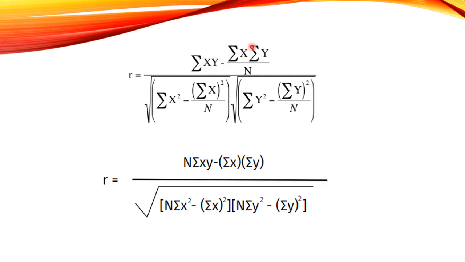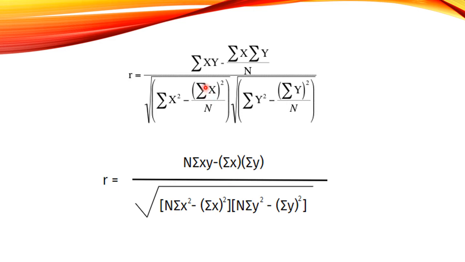It's summation of X, summation of Y. N is the population, the total number of observations. Here it's the summation of X square values, so we take the square value of X first, then finally the summation. Here it's the square of the summation of X, so we need to solve the term inside the bracket first.